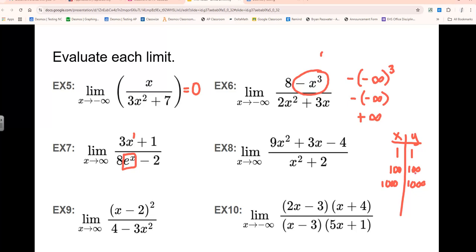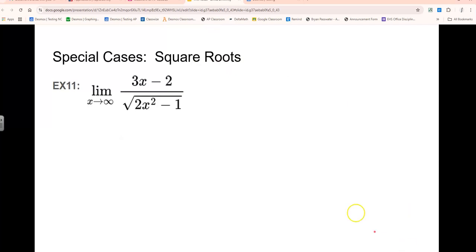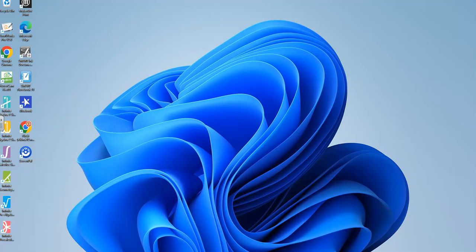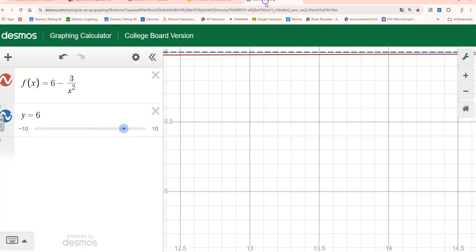But if I'm thinking about e to the x, then I would have e to the first power, e to the 10th power, e to the 100th power. If we do e to the 100th power, where did my Desmos go? Right here. I don't even know if Desmos will do it.